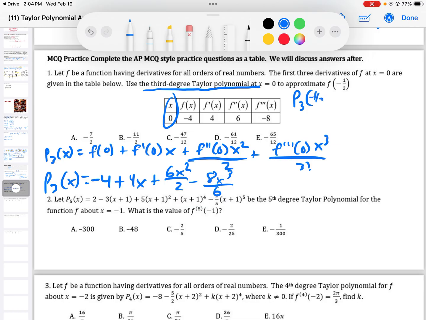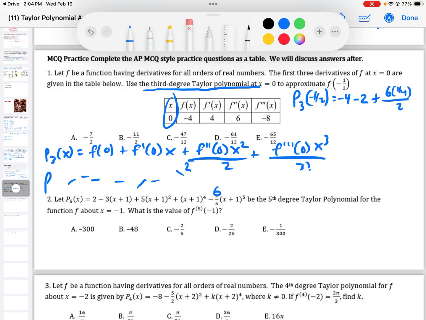So to simplify that and plug in negative 1/2, I'm going to get negative 4 minus 2. All right, so negative 1/2 squared, what is that? Positive 1/4. So I've got plus 6 times a fourth over 2.